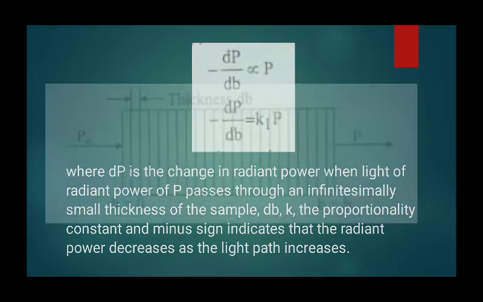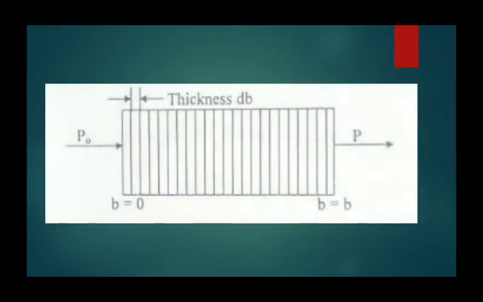You will understand better with the help of this example. That means this is the thickness of the medium. When the incident radiation is allowed to pass through this medium, if the thickness is small, the absorbance is small.